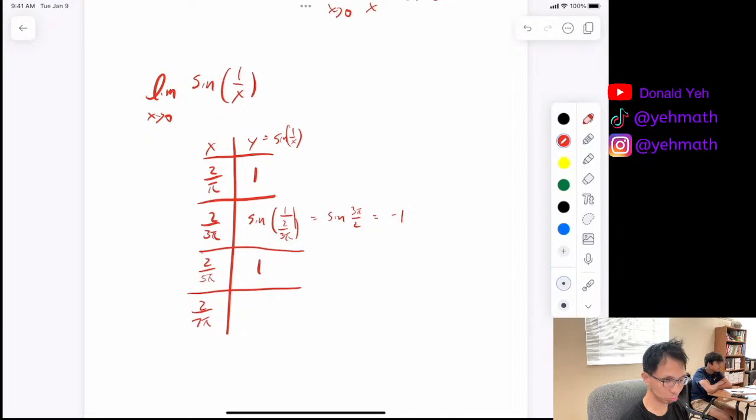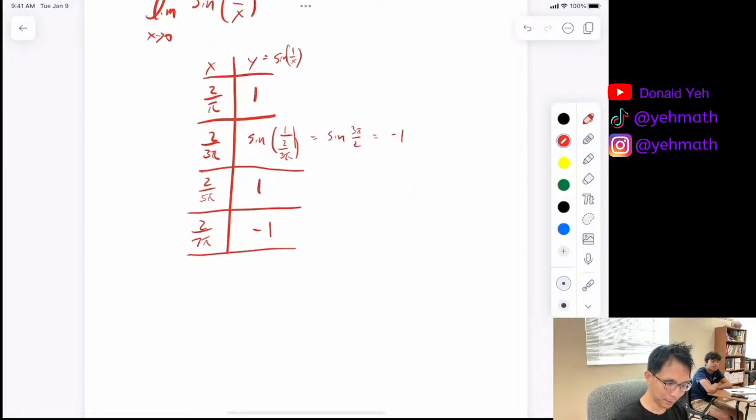Sophia? -1's good. I'm going to keep on going. 2 over 9 pi. Hopefully you see the pattern. Sasha? 1, good. You see, she figured out a pattern. It was 1, -1, 1, -1. And now are you going to do one more? 2 over 11 pi. That's going to be -1.